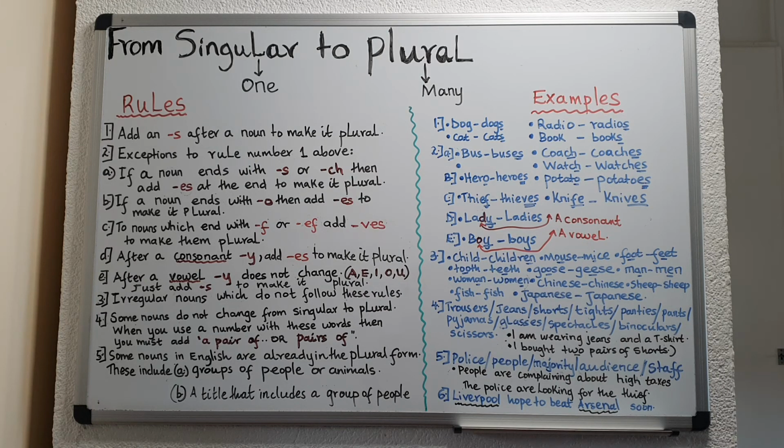They remain the same. But when you use a number like 1, 2, 3, 10, 7 with any of these nouns, then you must add a pair of or pairs of. And what do I mean? Look at examples 4 on the right.